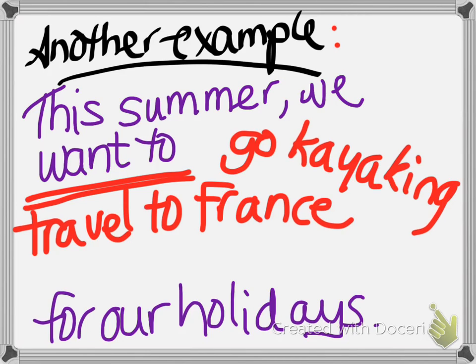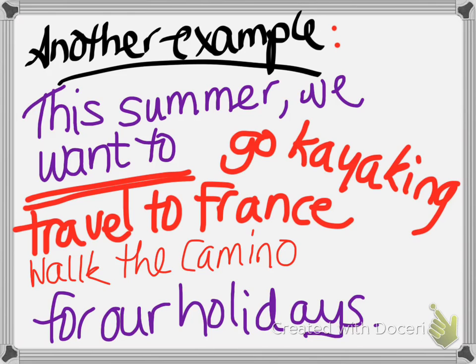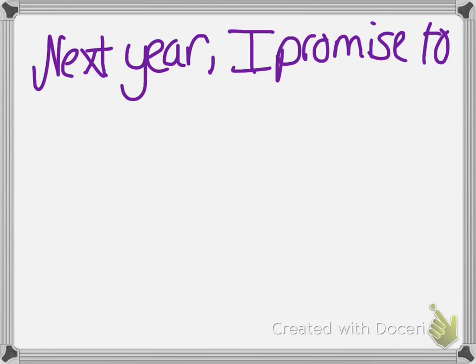This summer we want to walk the Camino de Santiago. Okay, for our holidays. In each one of these statements, I'm not talking about something that happens now. I'm talking about something that happens at some point in the future, even if I don't know exactly when.